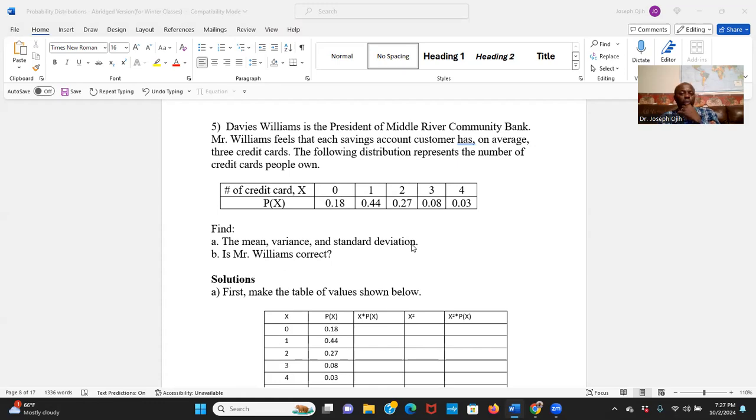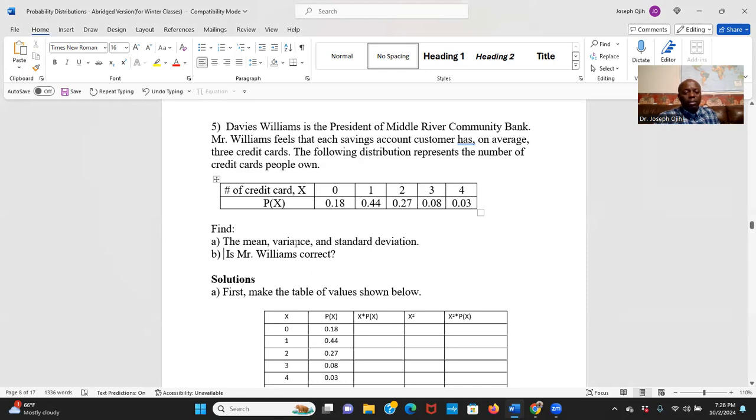The following distribution represents the number of credit cards each person owns. So, no credit card, this is the probability of that. 1 credit card, this is the probability of that, and so on. Find the mean, variance, and the standard deviation. And then, is Mr. Williams correct in his claim?